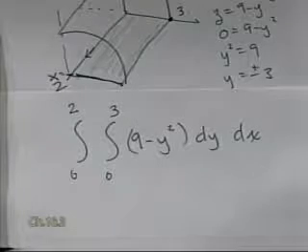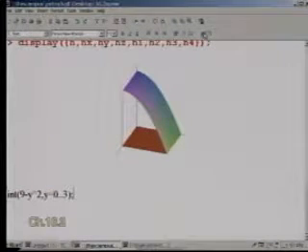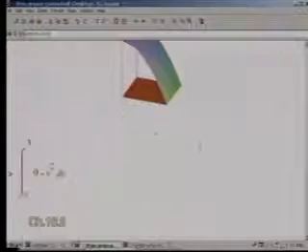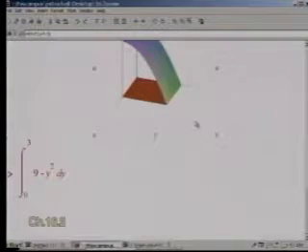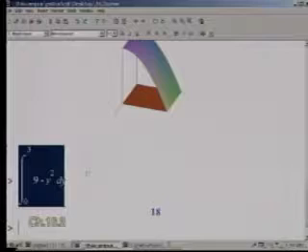Close parentheses, and then a semicolon. I'm doing the inner integral. Notice on Maple, if you come up here and hit the little maple leaf, you get pretty print. There it is in pretty print: integral from 0 to 3 of 9 minus y squared dy. If I hit enter on that, I get 18. So my inner integral turned out to be 18.